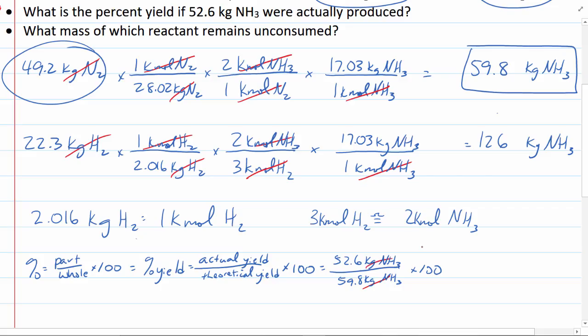What happens here now is that the kilograms of NH3 cancel out. We take the 52.6, divide it by 59.8, take that result, multiply by 100, and we wind up with a resulting answer of 88.0 percent yield.